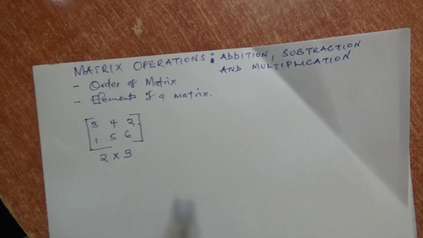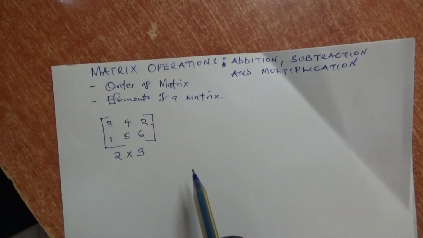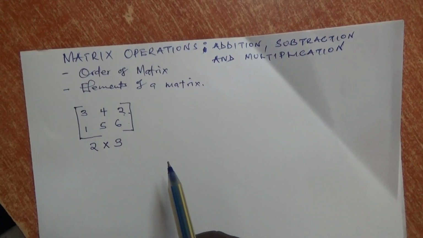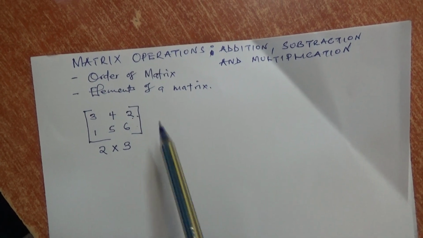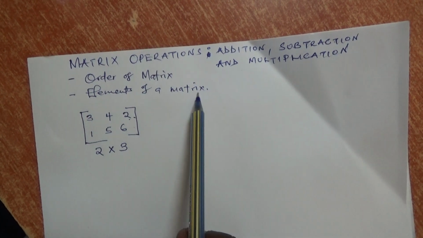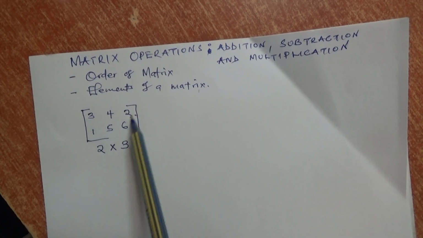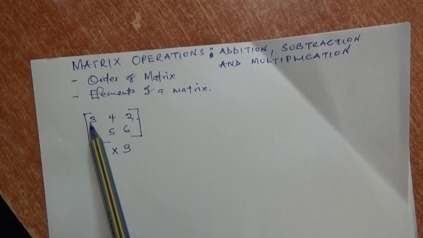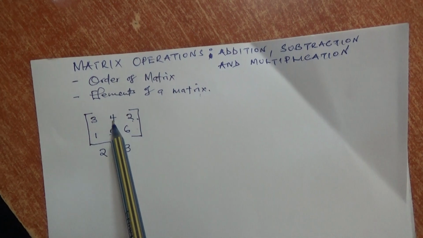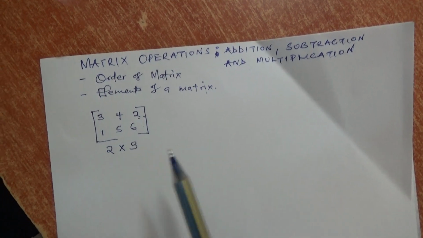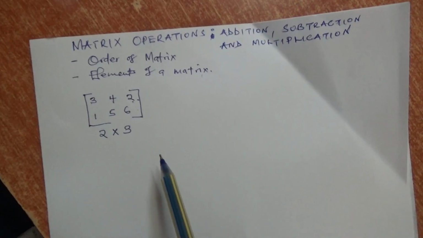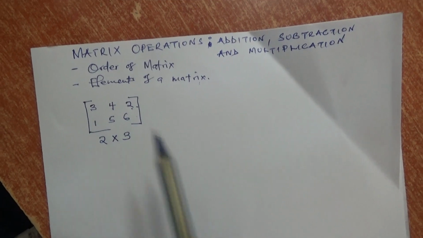Always start with the rows and then move to the columns. And then another thing that you have to realize is that the elements of a matrix are the individual numbers within this matrix. Like this 3 is an element, 4 is an element, and 2 is an element. Alright? Another thing that you have to know is the position of elements in a matrix.